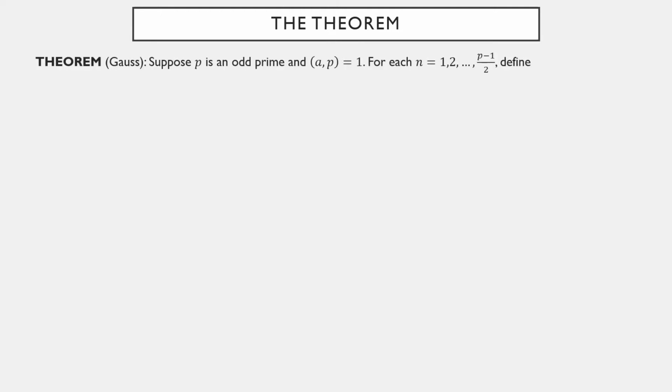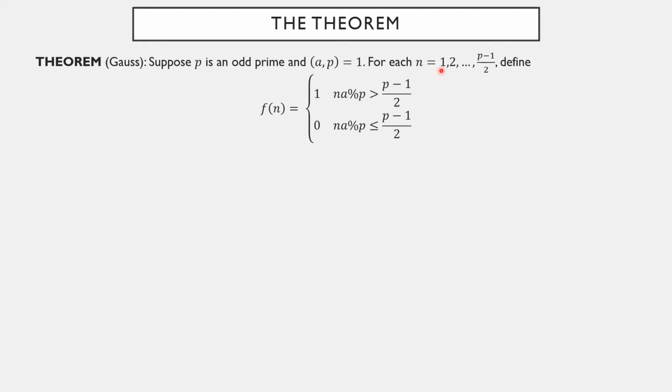Suppose p is an odd prime and a is relatively prime to it. n is going to count 1, 2, 3, 4, and so forth, all the way up to (p minus 1) over 2. f of n either spits out a 1 or a 0, according to whether the remainder of n times a over p is bigger than (p minus 1) over 2 or less than or equal to it.